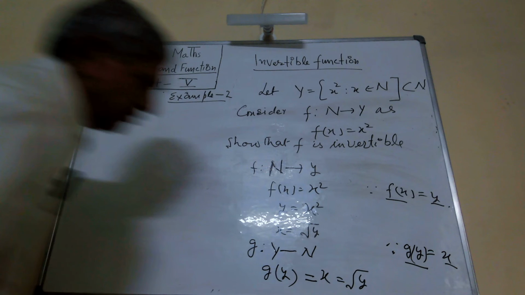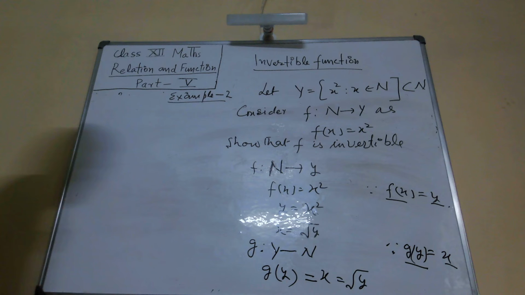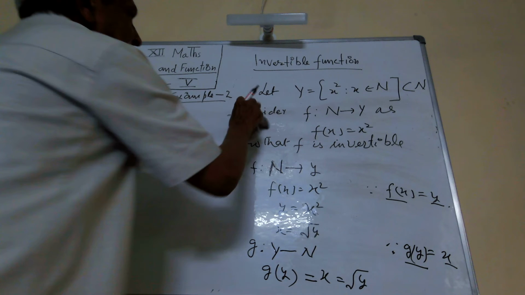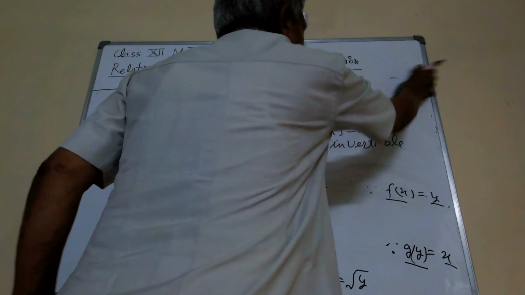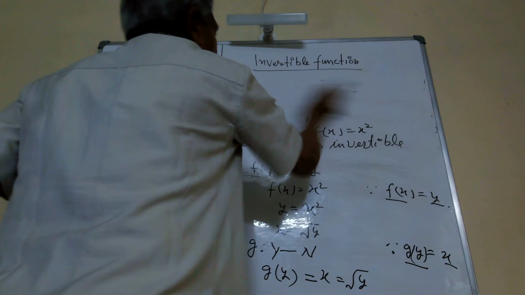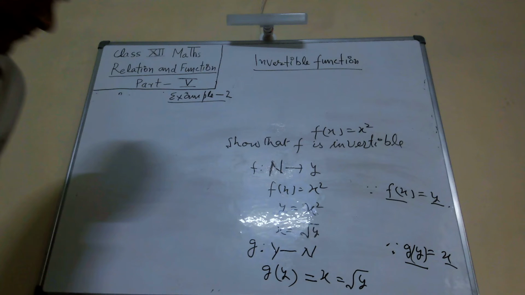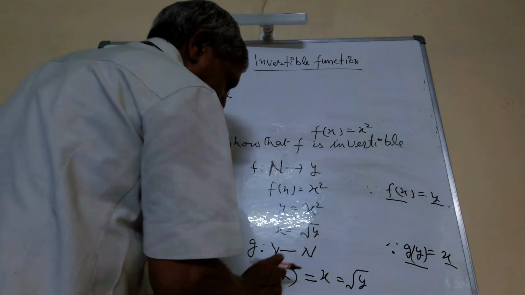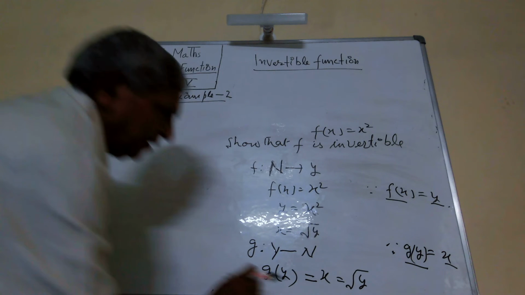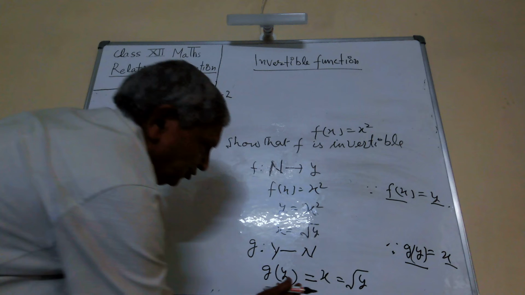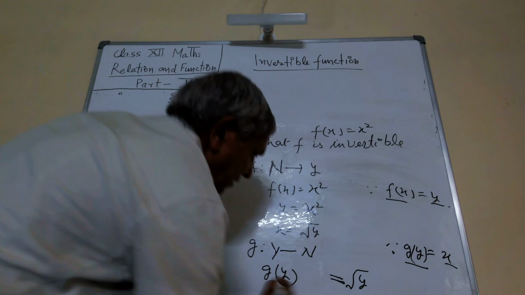This is the function. Now g y is equal to root y. Remove this x from here. This is g y is equal to root y.